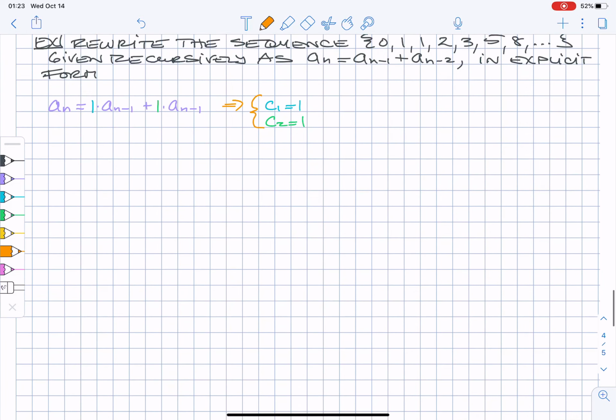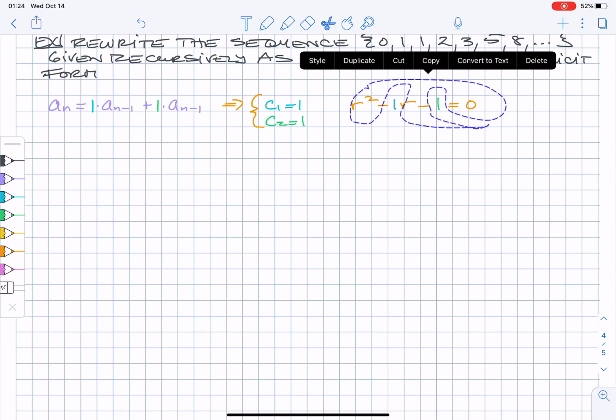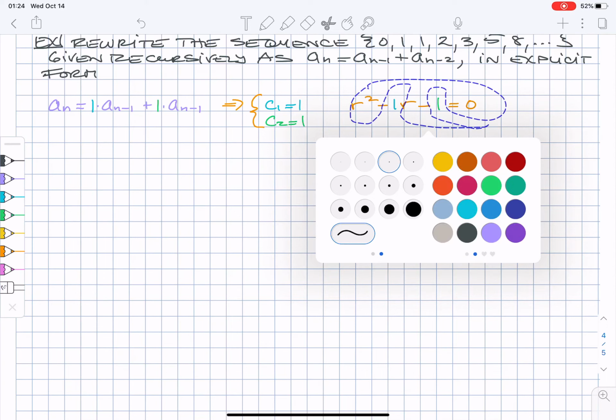That's good. So now we can consider our formula R squared minus C1, which is going to be 1, times R, minus C2, which is also 1. We're going to set that to 0. Okay, so that's what we need to solve. And maybe I'm not going to use orange. It's too distracting. What color should I use? Pink?